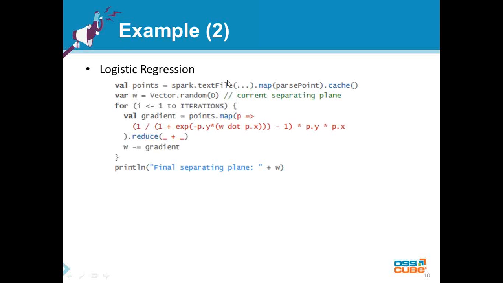You have a data file here, you just load it, and then you can do vector-oriented and matrix-oriented processing using the Spark libraries, and you can iterate and calculate the classification function. So it's as simple as that.